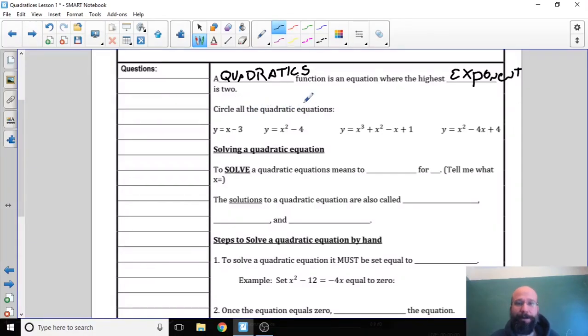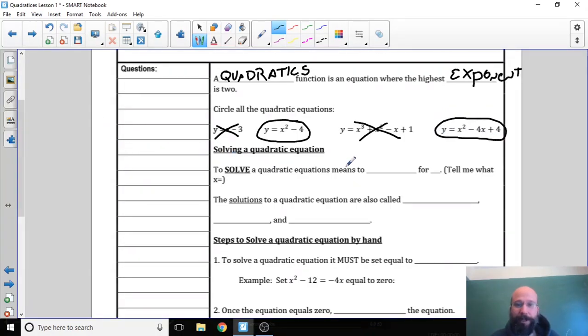So if you're circling all the quadratic equations, you look for the highest exponent. The highest exponent is 1, so that's not it. The highest exponent is 2, so that's a quadratic. The highest exponent is 3, so that's not a quadratic, that's a cubic. And this one with the 1, that's linear. The highest exponent here is 2, so that's also a quadratic.